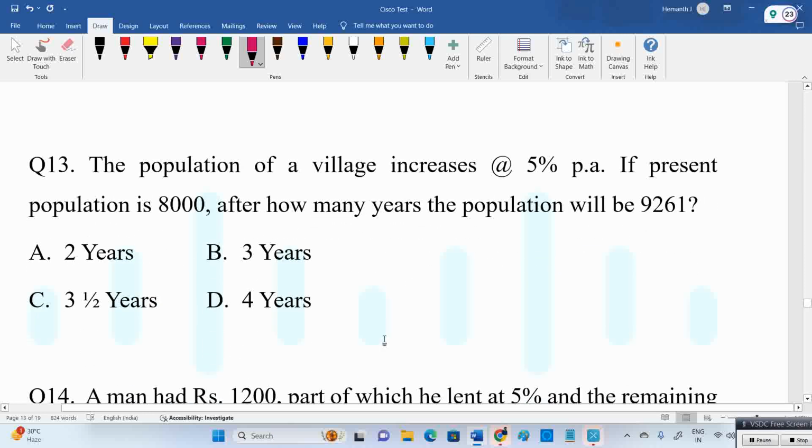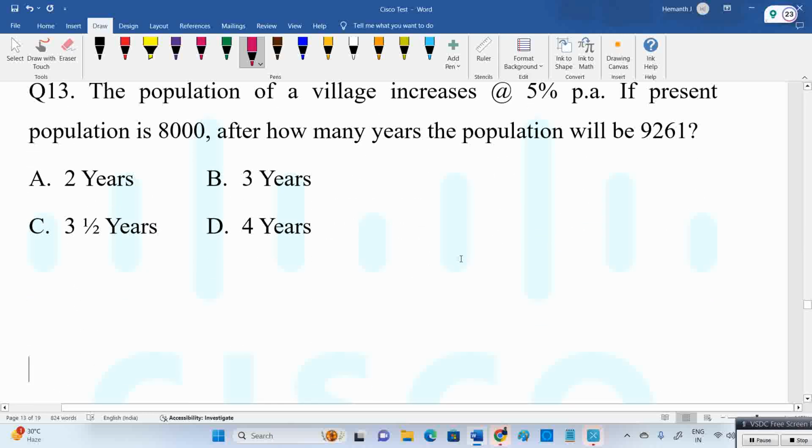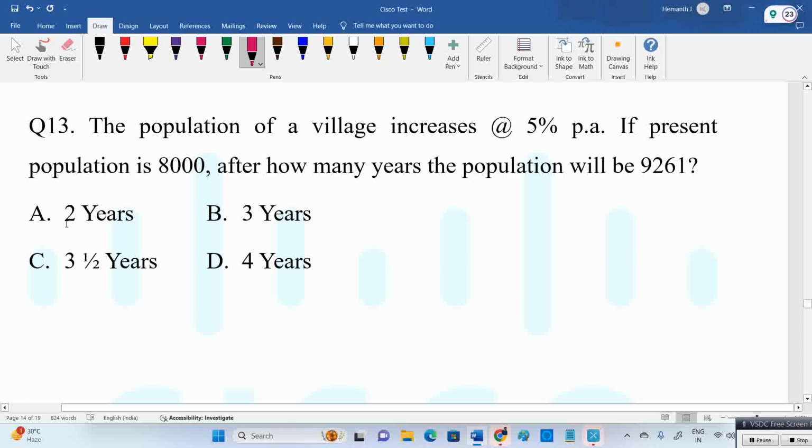The population of a village increases at 5% per annum. If present population is 8,000, after how many years will the population become 9,261 is the question.